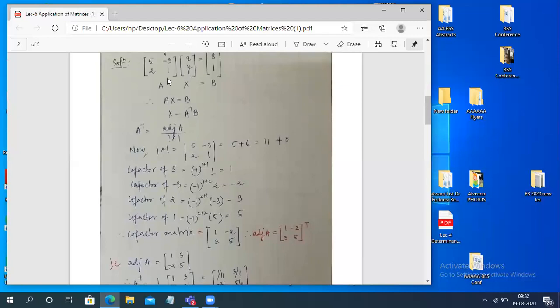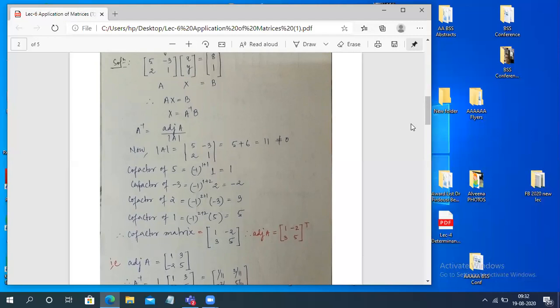And the cofactor of 1 is positive 5. So these are the cofactors of each element of the given matrix A. So the cofactor matrix will be A11, that is 1, A12, that is minus 2, A21, that is 3, and A22, that is 5. So this is your cofactor matrix.